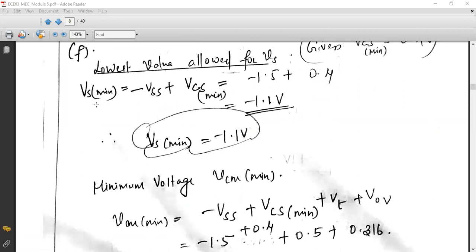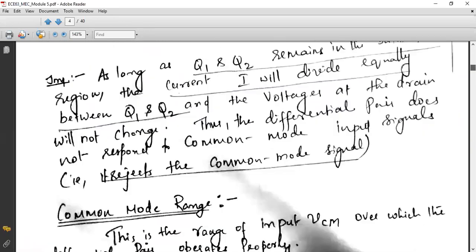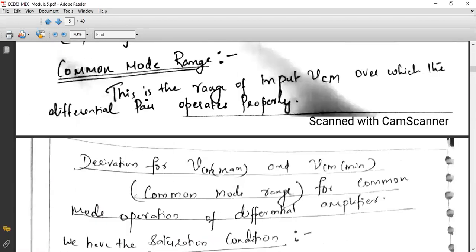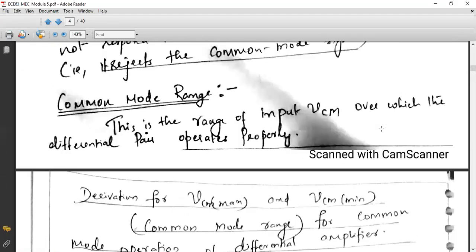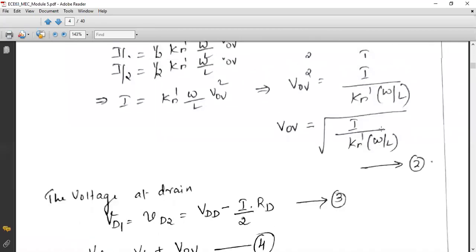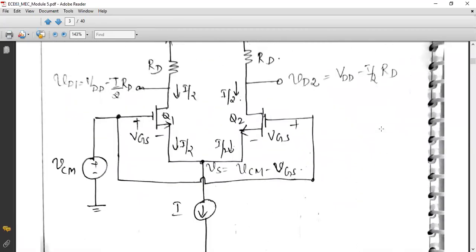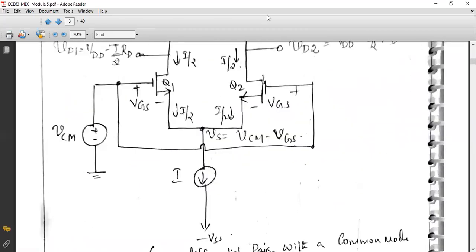How will you write the equation for Vs, students? See the circuit diagram of a differential amplifier. From source to ground, what are the parameters that we have? Take the circuit diagram. Yes, from source to ground. Between the source to ground, we have the current source and negative VSS.